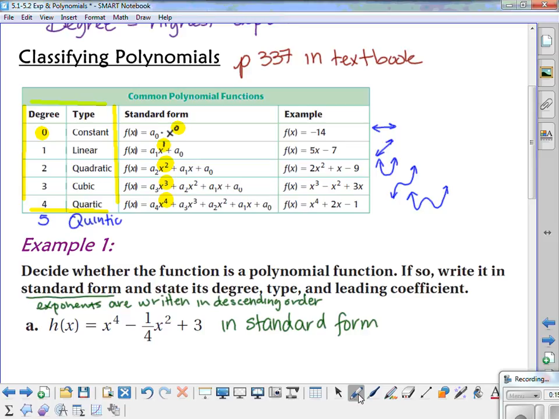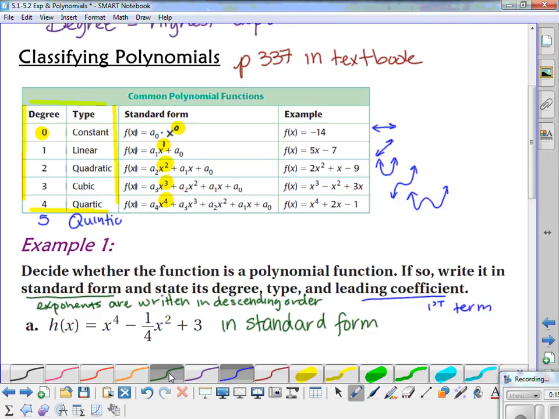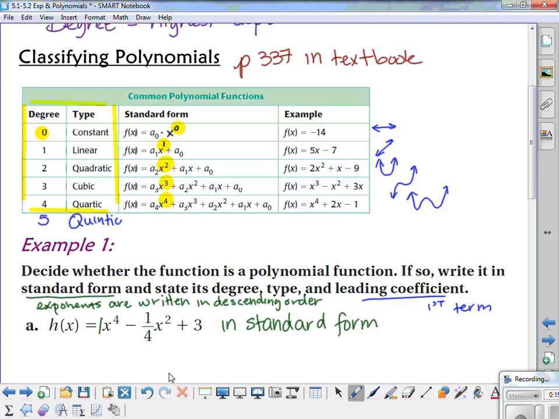And the leading coefficient then is the one that's out in front, the one from the first term. So what's the leading coefficient for this particular polynomial? What do I assume is in front of that x to the fourth? A 1, right. So its degree is its fourth degree, which means it's quartic. And its leading coefficient is 1.